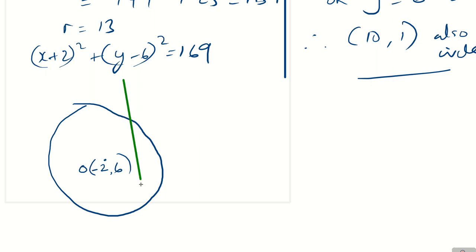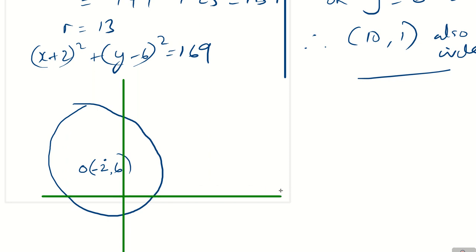Axes are going to go something like that. Okay, and that's x, that's y, and it tells us we've got these 2 points, the point 10, 1, which we'll say somewhere there, and we'll call it point B, and the other one is the point 10, 11.